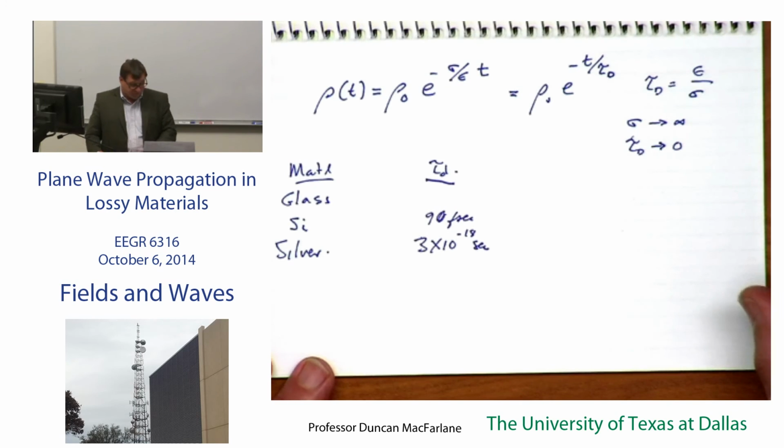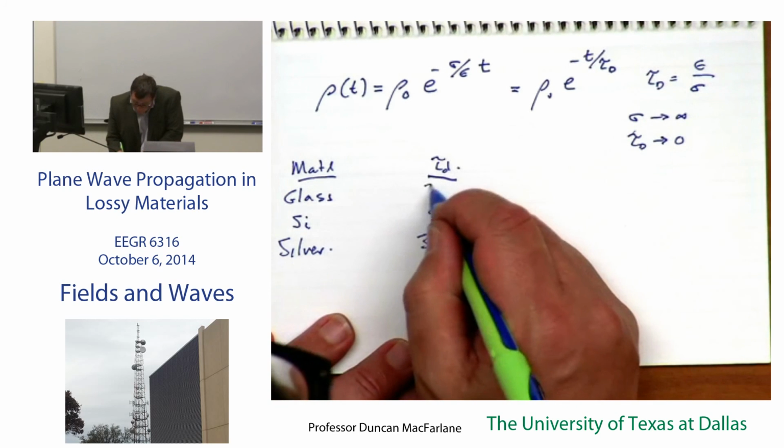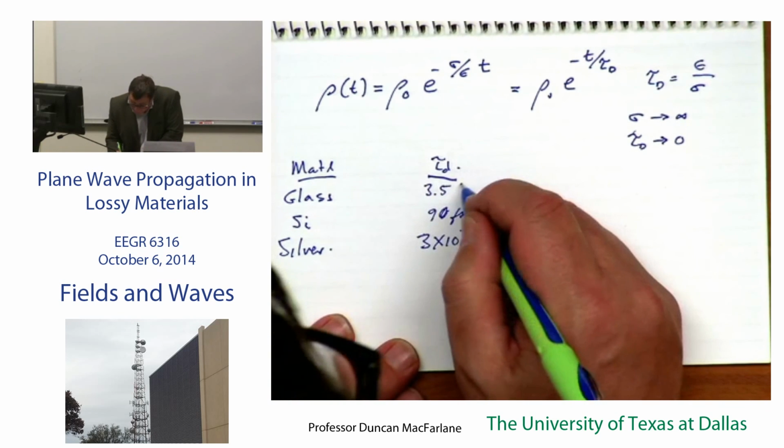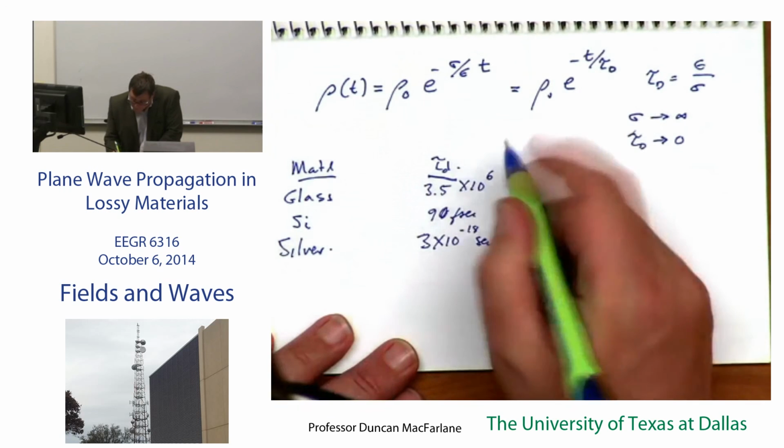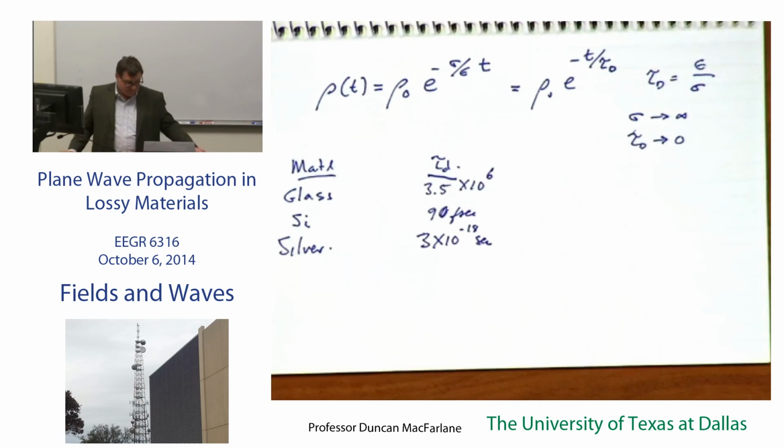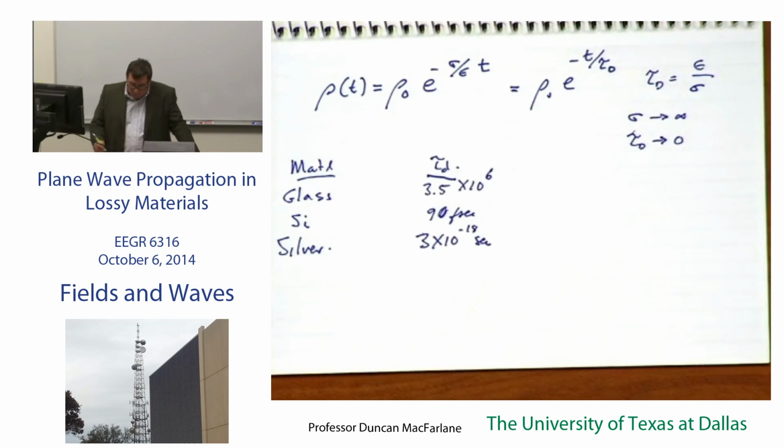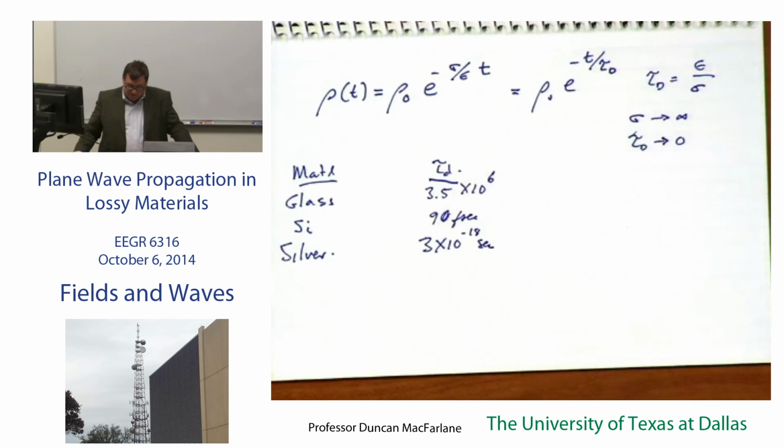You go to glass, your good insulator, and this is about 3.5 times 10 to the positive 6. So that's 24 orders of magnitude between this guy and this guy. Right? There are very few material constants that vary over 24 orders of magnitude.